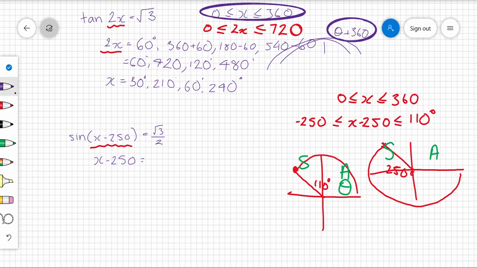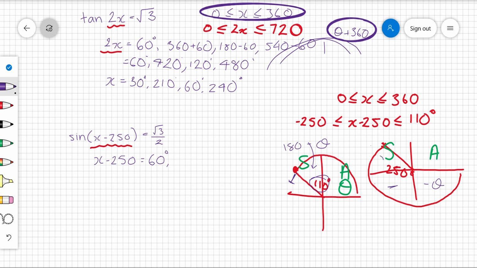So let me go back to here. So we do have 60 degrees. That's going to be one of our answers. Now, if I went to this, we'll go positives first, this quadrant here, which is our 180 minus theta quadrant. If I did 180 minus 60, I'd get 120, but 120 is a little bit further along. This is 110, so that one won't be included. If I go around here, remember I don't want this quadrant because it's not positive for sine, and I don't want this quadrant because it's not positive for sine, but I may want this one.